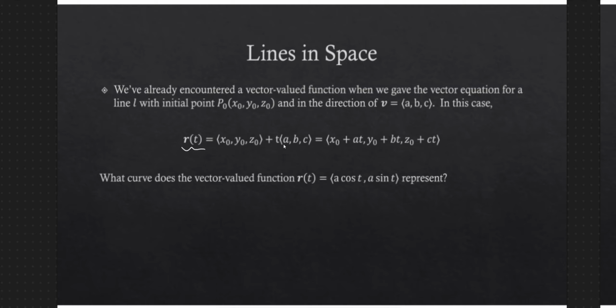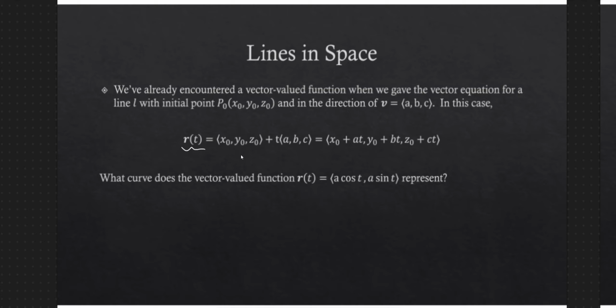This right here is a vector-valued function because it takes input, this t parameter, and outputs vectors, which determine where on the line the point is at each parameter value or time value t. So yeah, we've already encountered these.